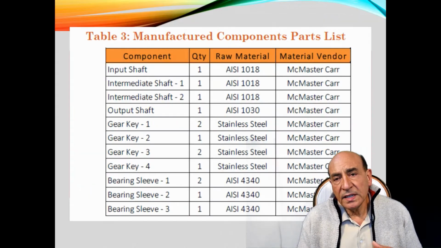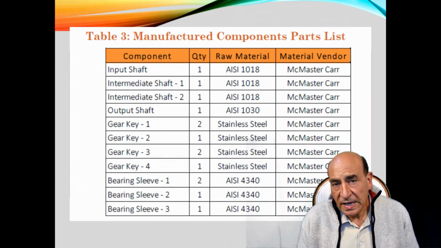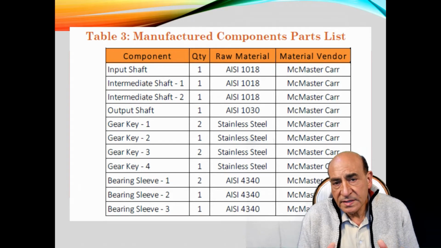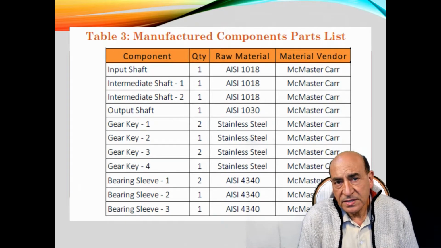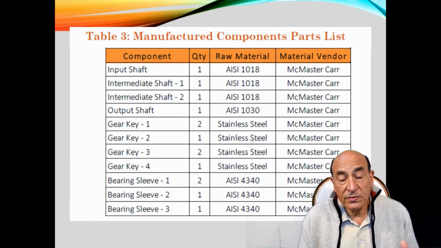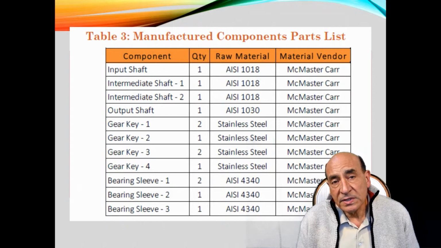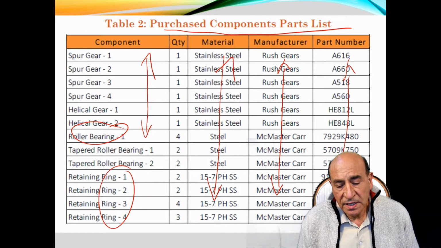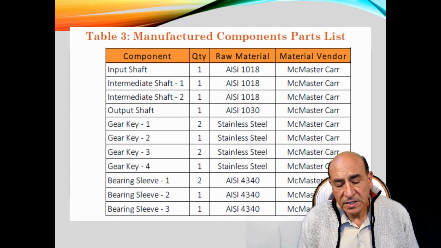So this is pretty professional to that level, where once you design the gearbox, you can go ahead and actually purchase the components and manufacture others, maybe machine them, and then you would have to put it together. If you were to make, say, a small factory, or you are actually participating as a designer in a large factory, then your responsibility would be to purchase components and manufacture components.